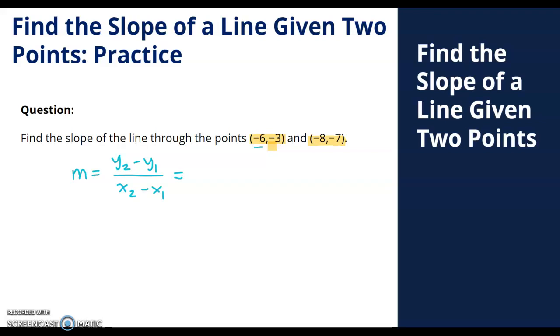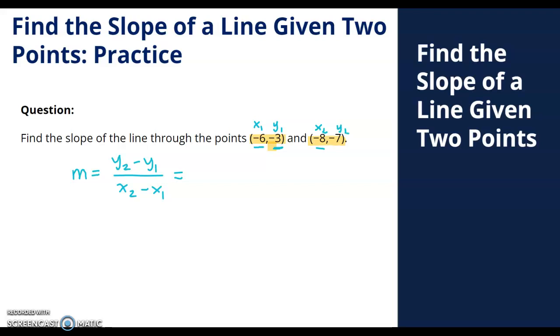This first point here will be your x sub 1, and this will be your x sub 2, so that's in the denominator. And this second coordinate here would be your y sub 1. So if this is your x sub 1, this would be your y sub 1, and this is your x sub 2, y sub 2.